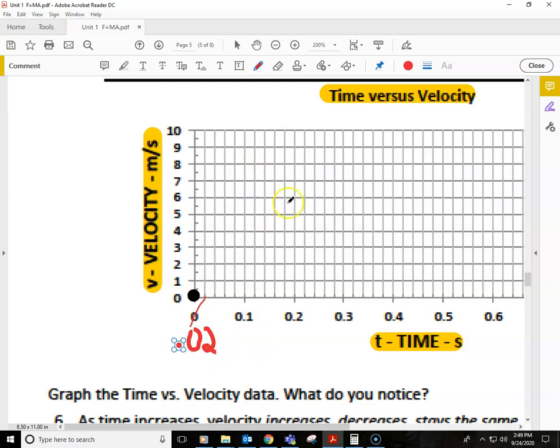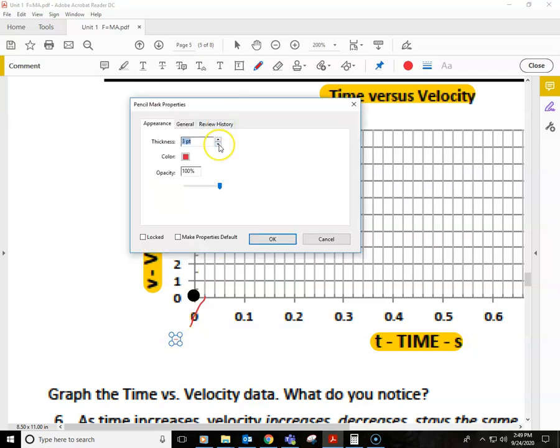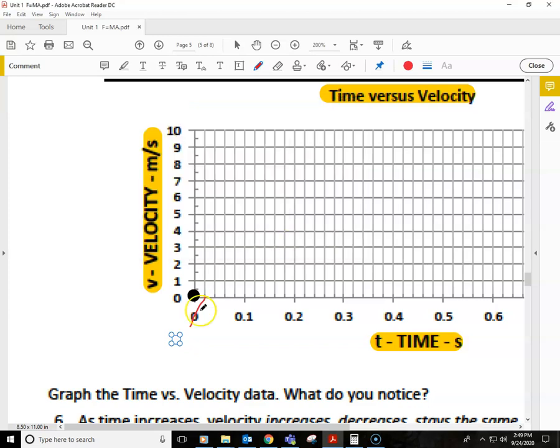And that was a fail because I wanted the thinner lines. So I'm going to go back to properties, make it be 1, and I'm going to make those properties the default. I'm going to keep it at that. So this is 0.02.